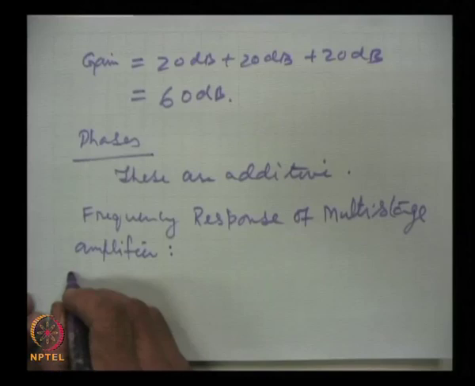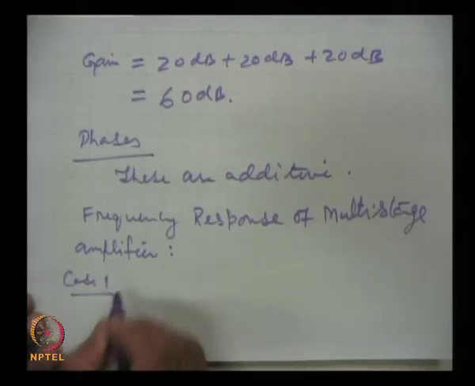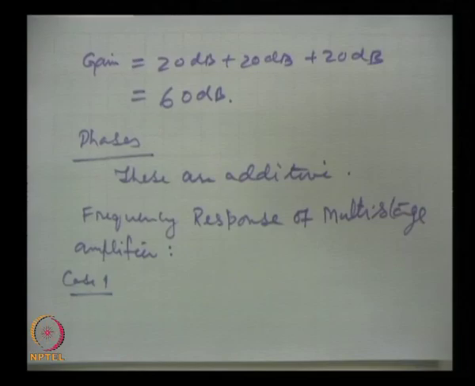The calculation of bandwidth of the multi-stage amplifier is not difficult in two cases, and the two cases are case 1: when stages which have identical lower cutoff and upper cutoff are coupled, when they form the cascade amplifier, the multi-stage amplifier, then the calculation is simple.